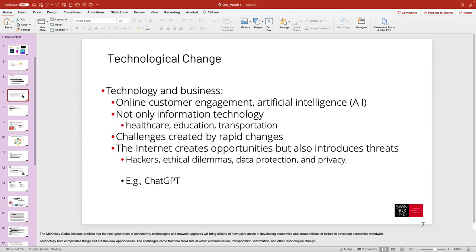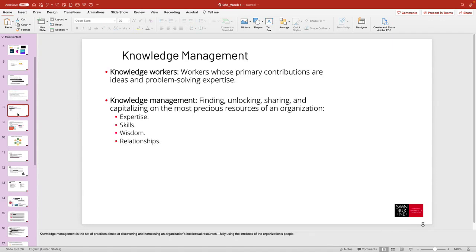ChatGPT is a really good example of this. It has stunned the world of education and some other industries as well, the media industry for example, because we've been amazed by what ChatGPT can offer. It will change the way we operate in the future.